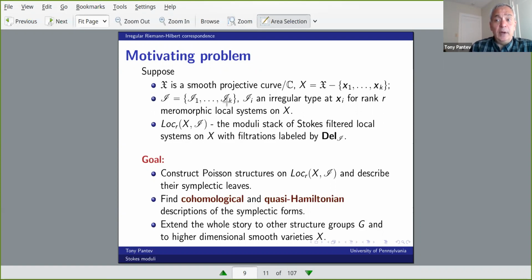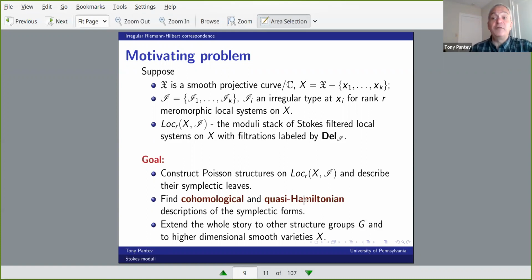Another thing we do that wasn't known before is we actually have a topological, cohomological description of the symplectic structure and the Poisson structures. So Boalch and Yamakawa, they only did the quasi-Hamiltonian description. And the cohomological description wasn't quite clear. The cohomological description is completely clear when you don't have ramification or where you have tame ramification.